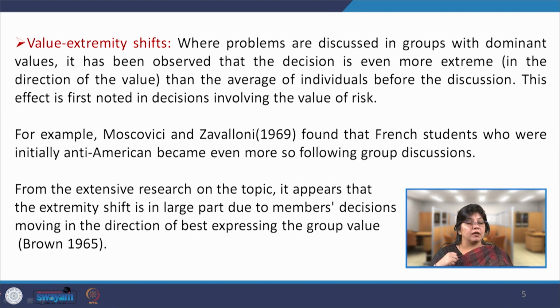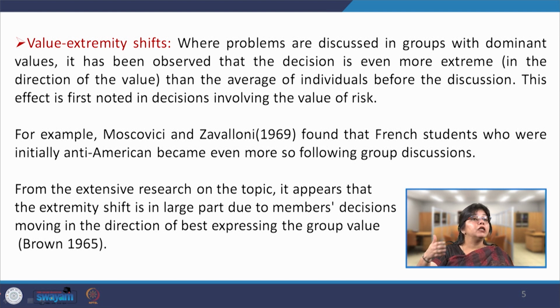For instance, it has been found that French students who were initially anti-American became even more so following group discussions. Talking more and more against some person or group of people, people also develop some extreme opinion and tend to shift their opinion towards more negativity.